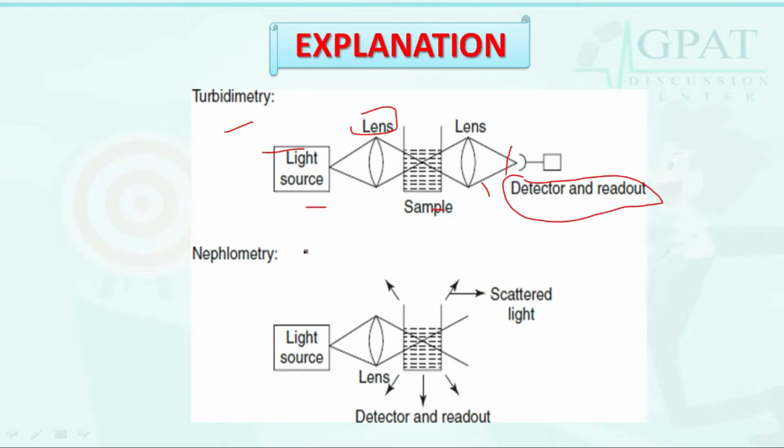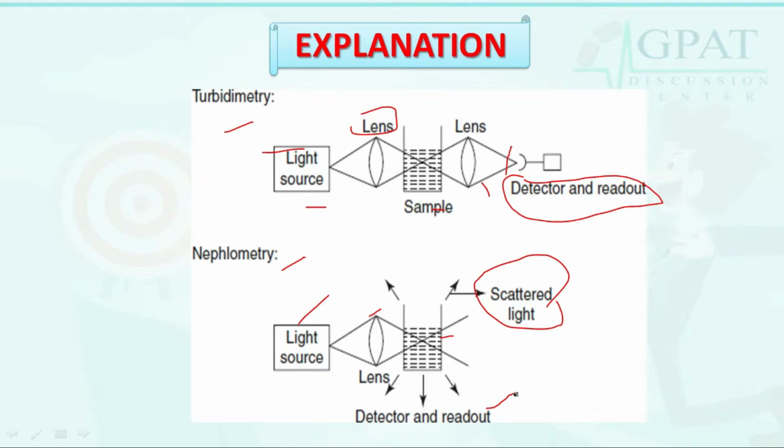In the case of nephelometry, there is a light source, a lens and the sample to be analyzed, and the light which is scattered after passing through the solution is detected by the detector. So that is all the information about turbidimetry and nephelometry.